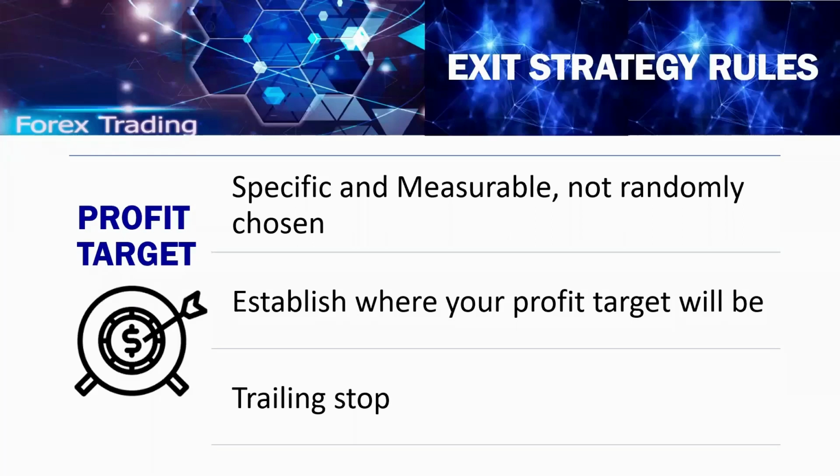For a good trade, the profit target should be something measurable and not a randomly chosen target. It should also be a repeatable action, say bottom of a trend channel when you sell or top of channel when you buy. Establish your profit target based on the tendencies of the market you're trading.